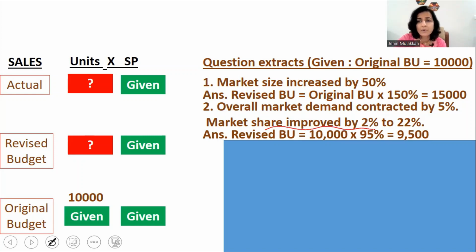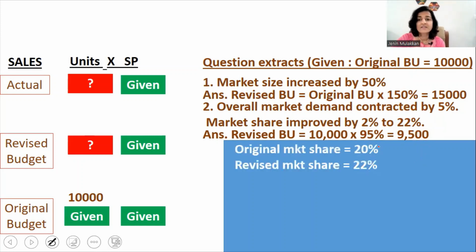Market share improved by 2% to 22%. So the revised market share is 22%. And since the increase was 2%, what was the original market share? It is 22 minus 2 or just 20%. So we will just write that. So the revised market share is 22% and the original market share is 22 minus 2 or 20%.